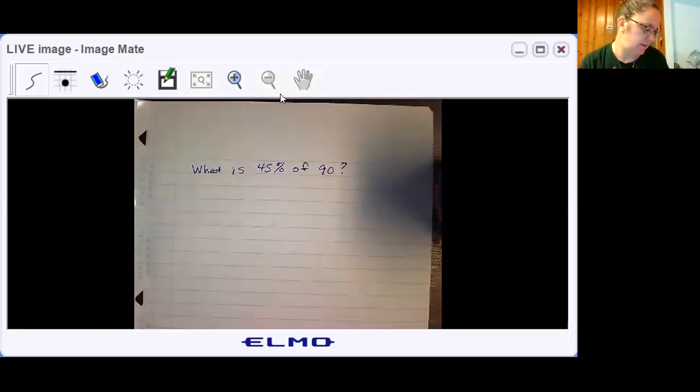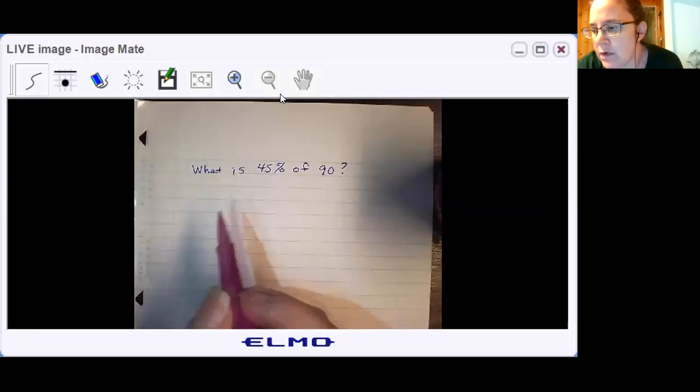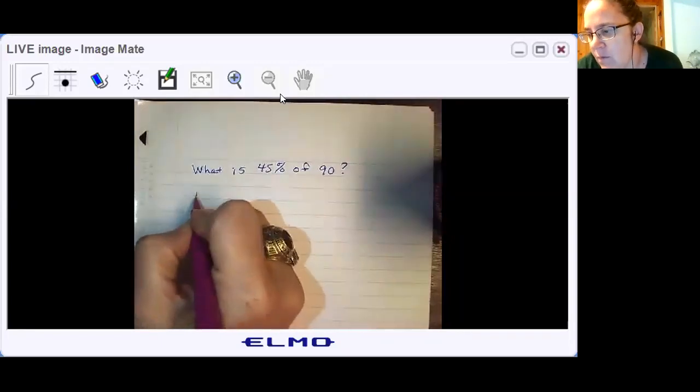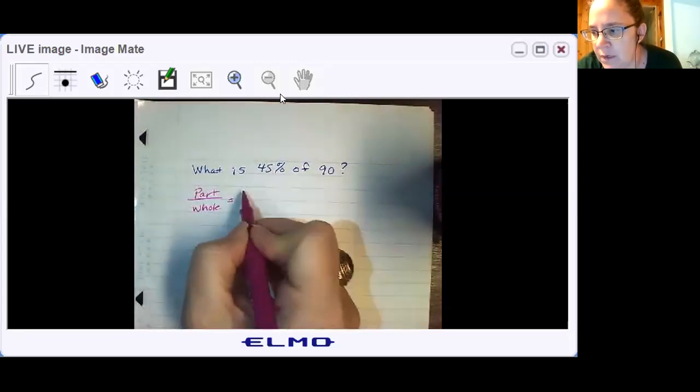I'm going to put this in a ratio so I can figure things out. And the ratio we're always going to use, and this is a part to whole thing, is the part of the thing over the whole thing is equal to a certain percent out of 100.